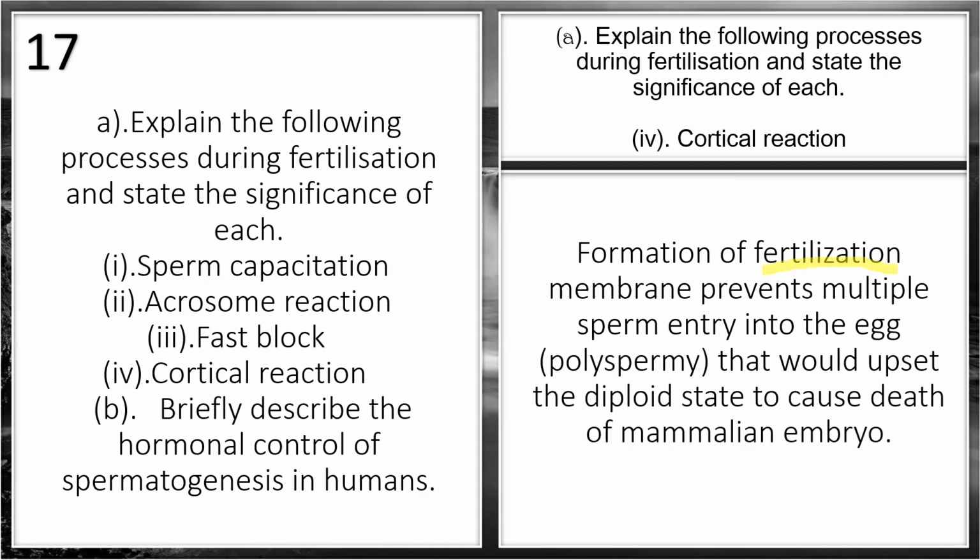Formation of the fertilization membrane prevents multiple sperm entry into the egg, or what we refer to as polyspermy. That would upset the diploid state and cause the death of the mammalian embryo.